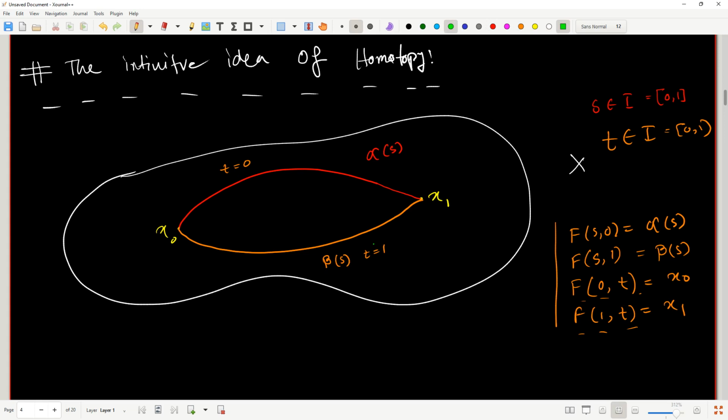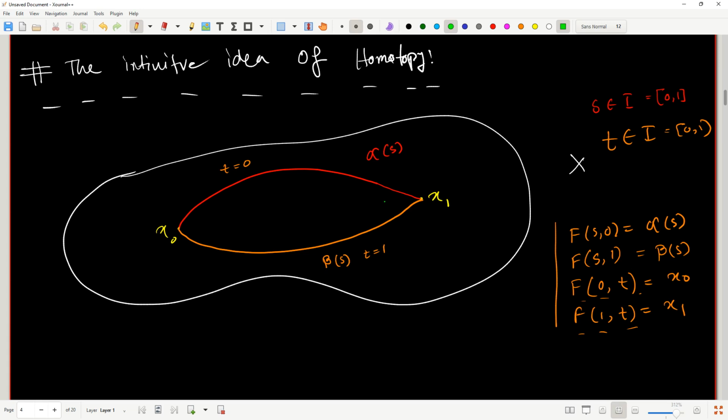If you think of a movie, or think of this red line getting deformed continuously into this orange line, then you can use t as a parameter to identify that continuous deformation. That's what homotopy is. You are taking two paths and asking the question: are these two paths homotopic to each other?